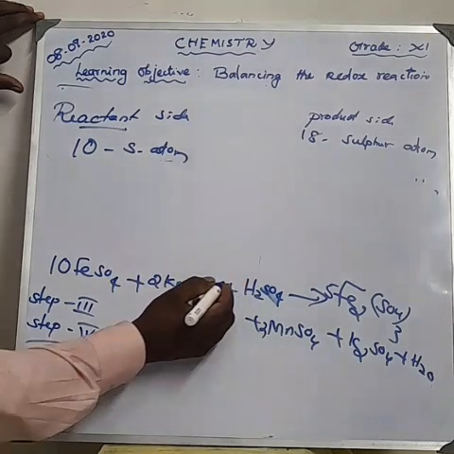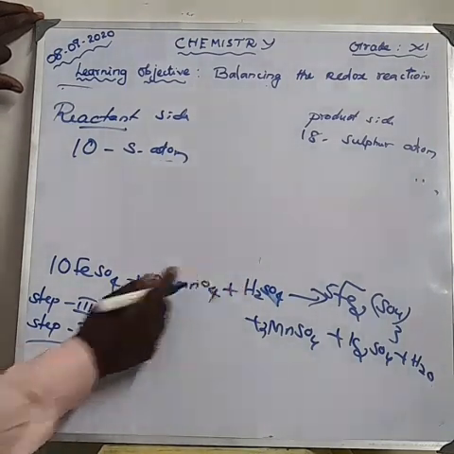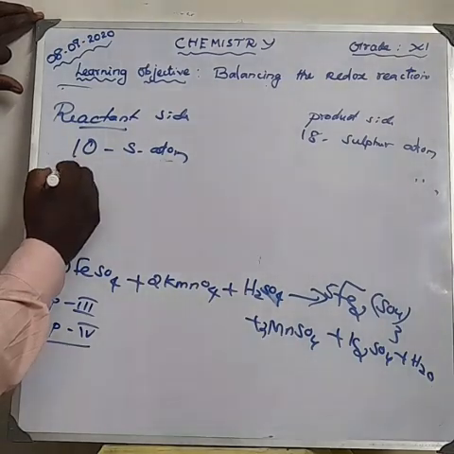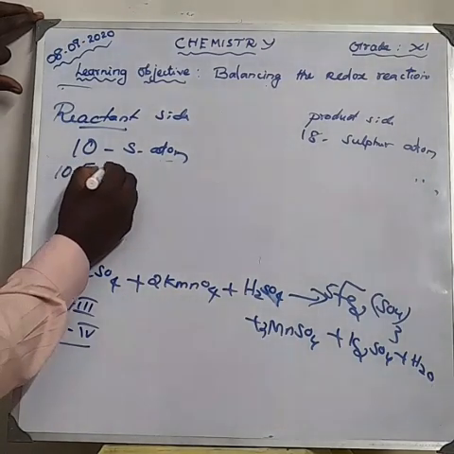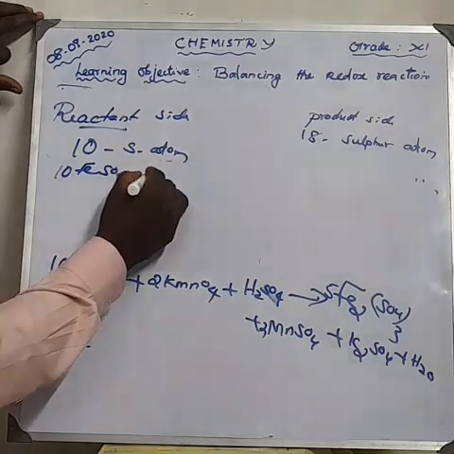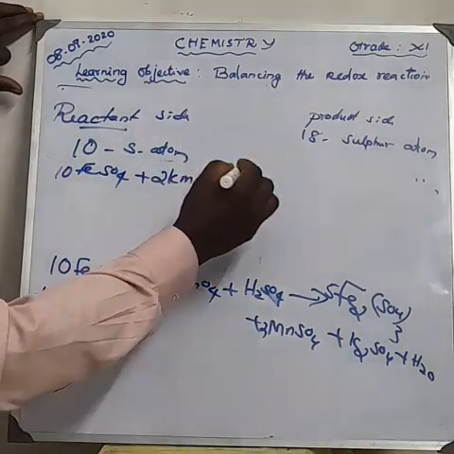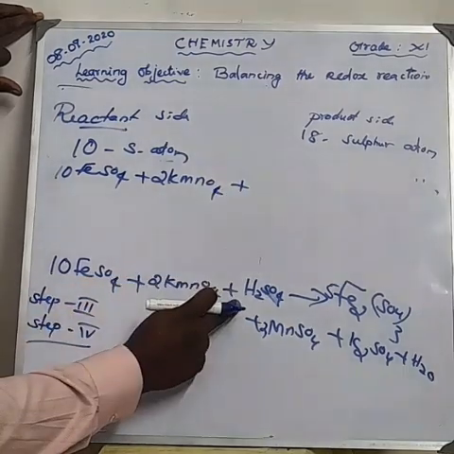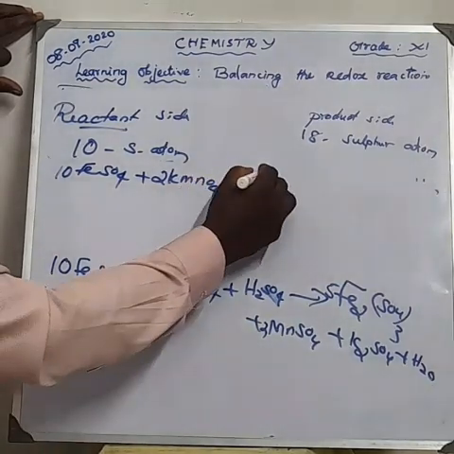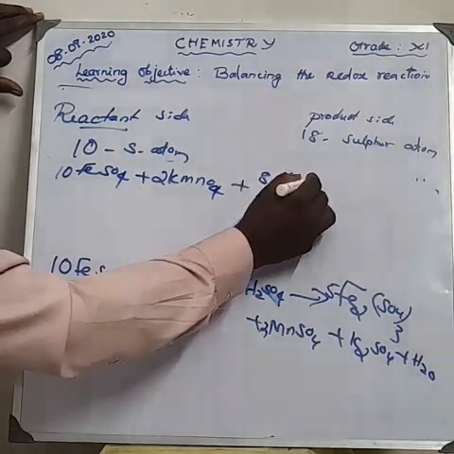Okay, so we can write the equation once again. 10 FeSO4 plus 2 KMnO4 plus 8 sulfuric acid. Am I right? 8 sulfuric acid.